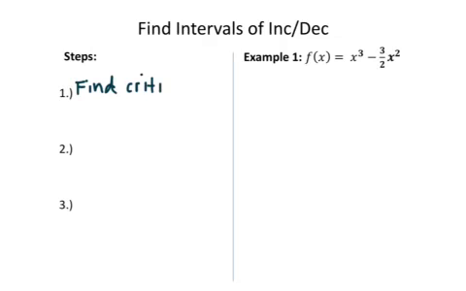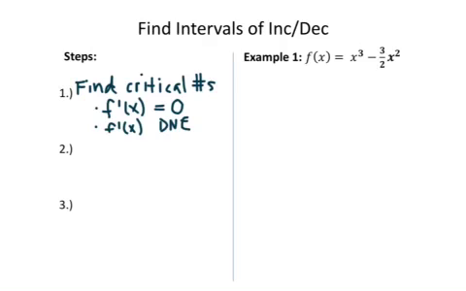So this means figure out the derivative and figure out when the derivative either equals 0 or does not exist at a point. So that's what we're trying to determine.